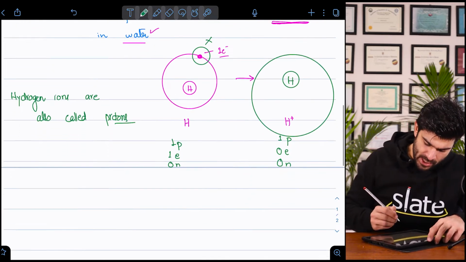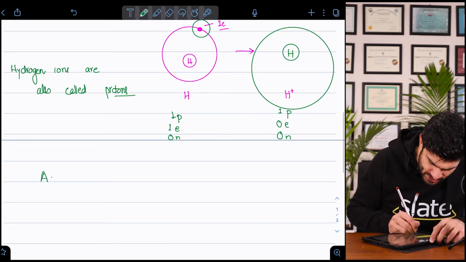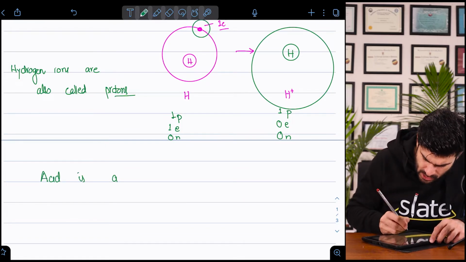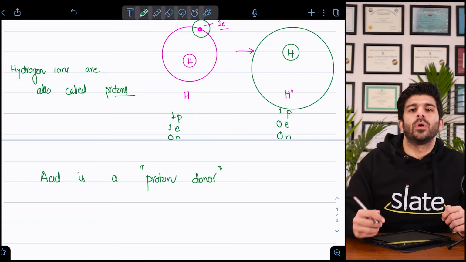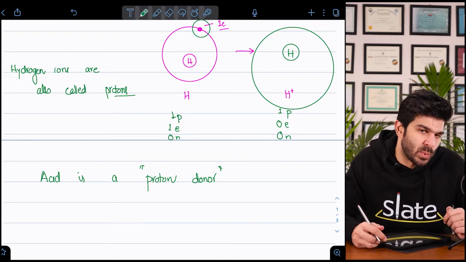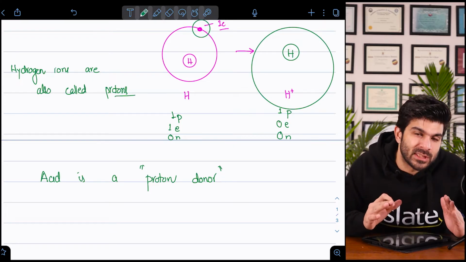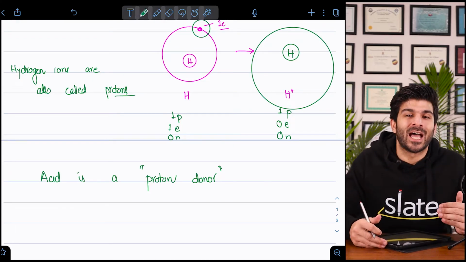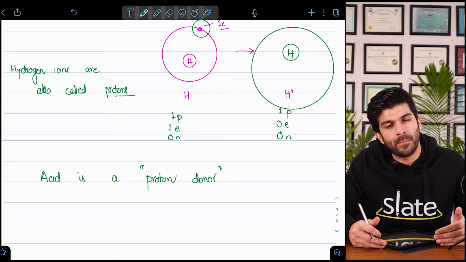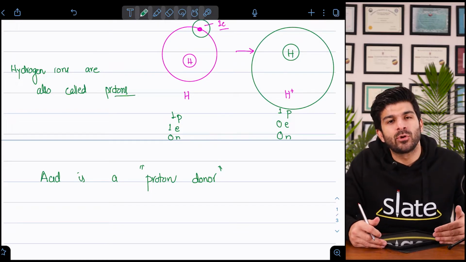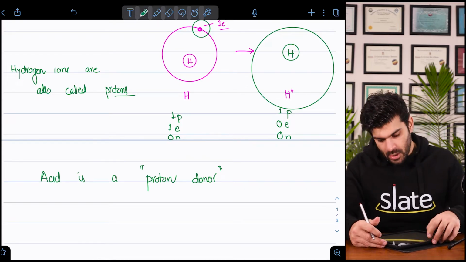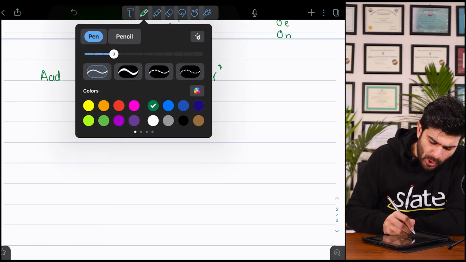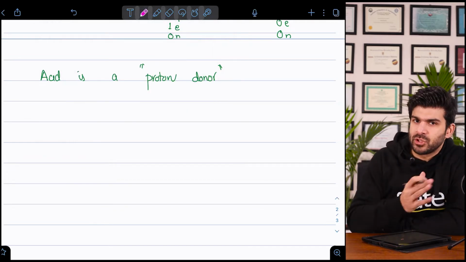So that is why we call an acid a proton donor. This is the most important thing that you need to understand regarding an acid, that an acid donates a proton or a hydrogen ion in water. That's something you need to understand and know. Now, when we talk about the laboratory, because acids are very much used in labs.